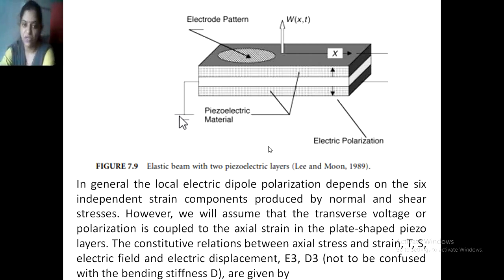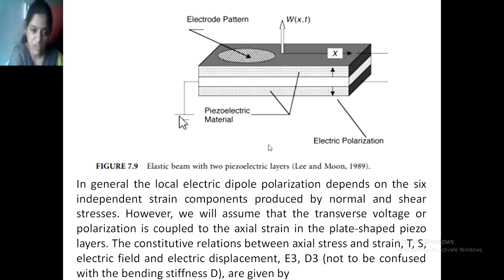So in general, the local electric dipole polarization depends on the 6 independent strain components produced by normal and shear stresses. However, we will assume that the transverse voltage or the polarization is coupled to axial strain in the plate-shaped piezo layer.